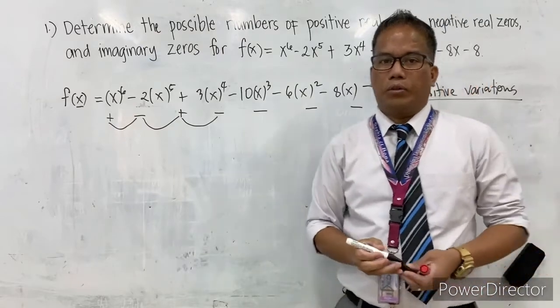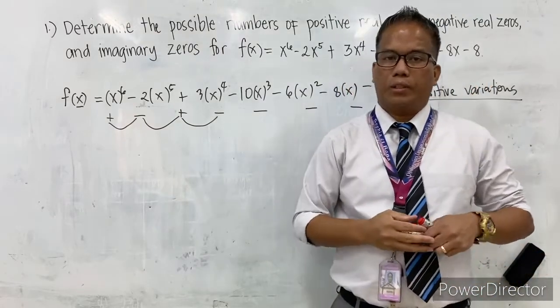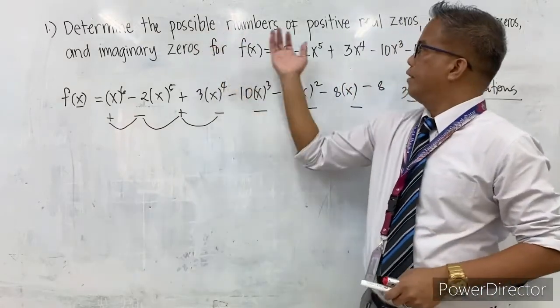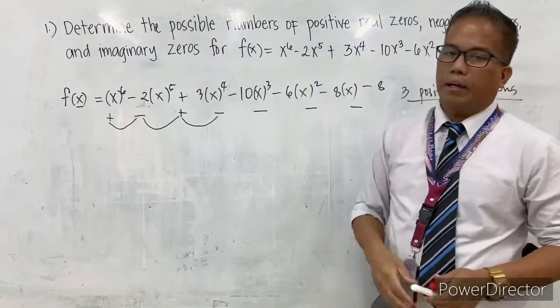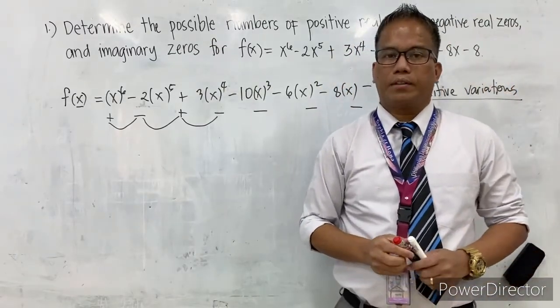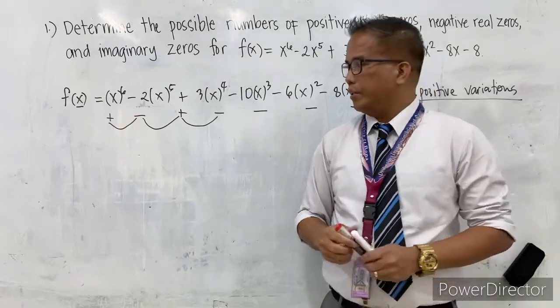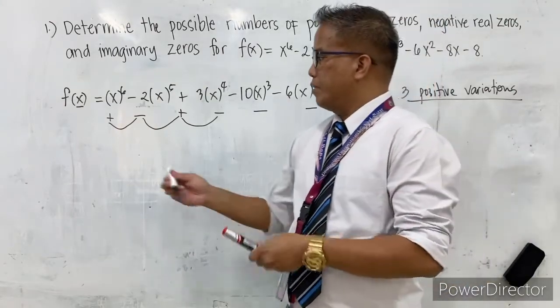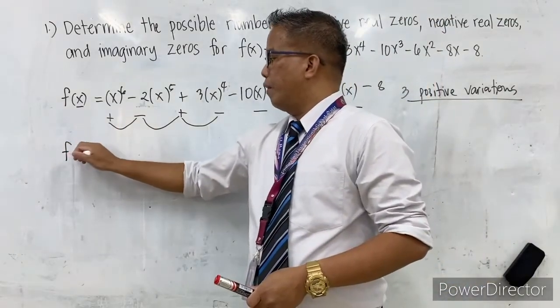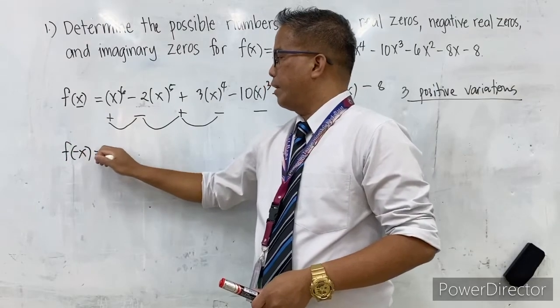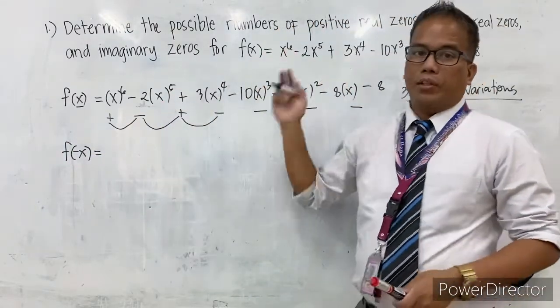And for the second step, using Descartes' rule of signs to determine the possible numbers of positive real zeros, negative real zeros, and imaginary zeros, you are going to substitute f of negative x into the given polynomial function.